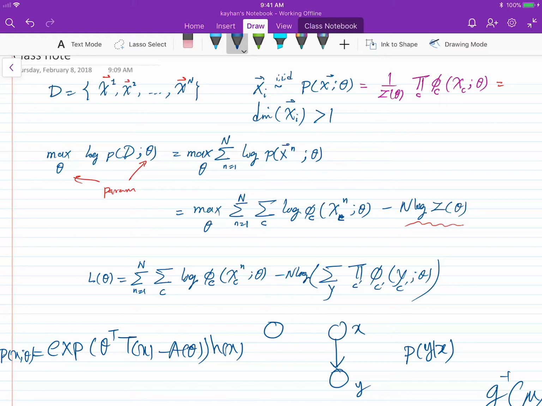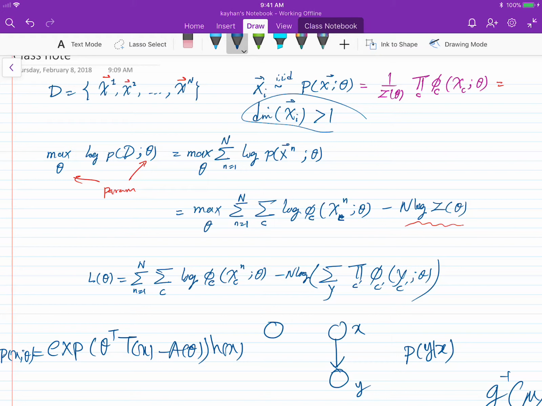This superscript represents one observation, so one sample, let's say one tagging of the words. So x1 through xn are different observations, let's say different sentences that are given to you. I'm going to use arrows on the top to emphasize that this is a multi-dimensional random variable, all of the random variables. So the dimensionality of x is more than 1. It's all of them.